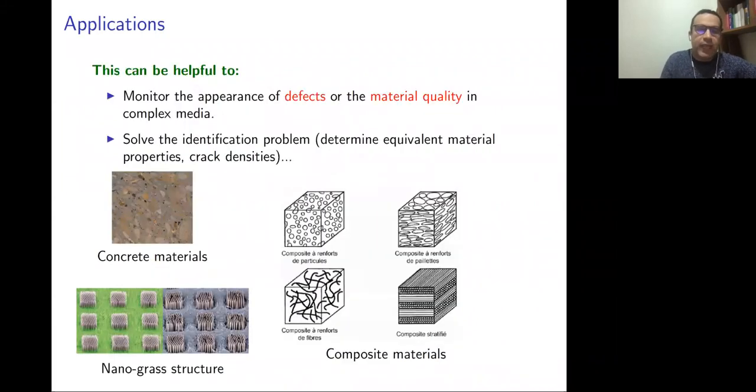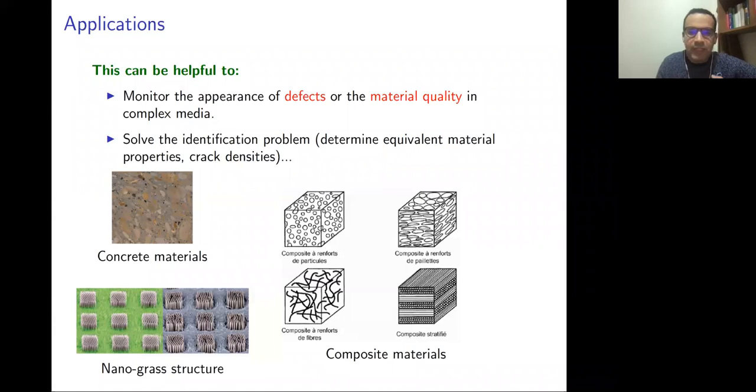The applications can be, for example, finding cracks in some concrete, or monitoring the health of some composite materials, etc. And I will present an application where we try to identify some criteria related to crack densities.